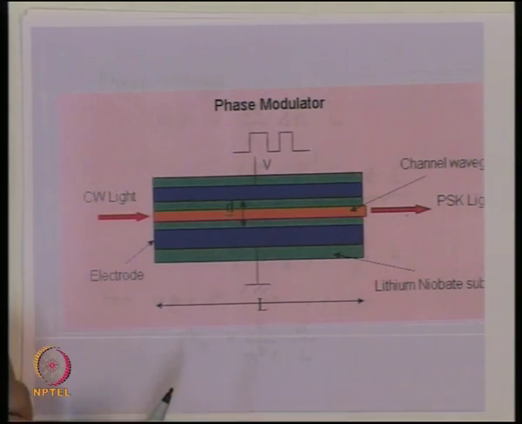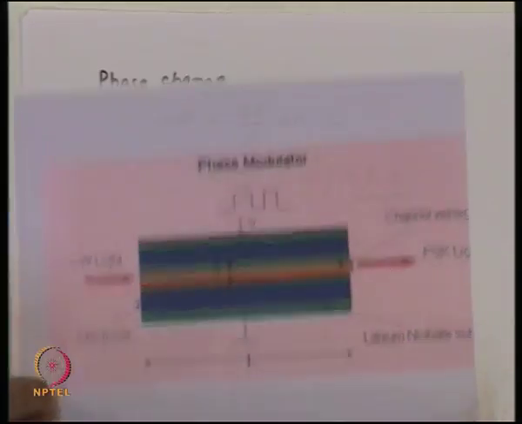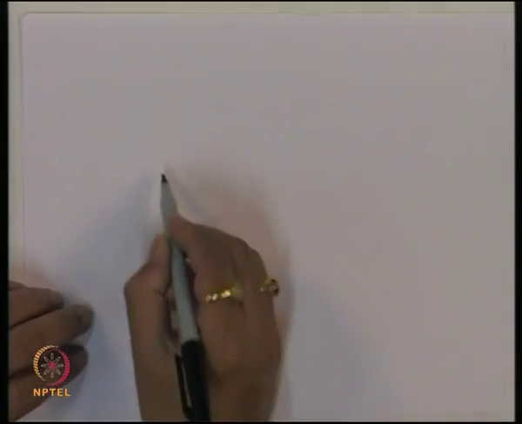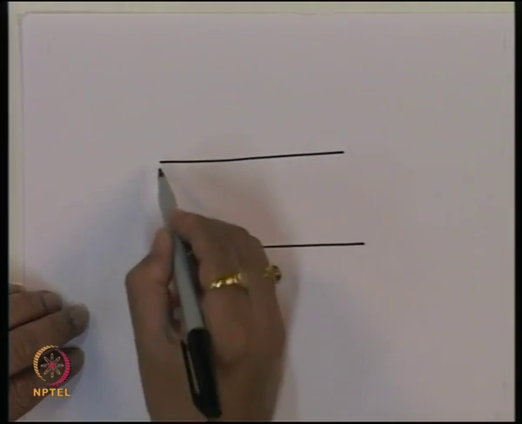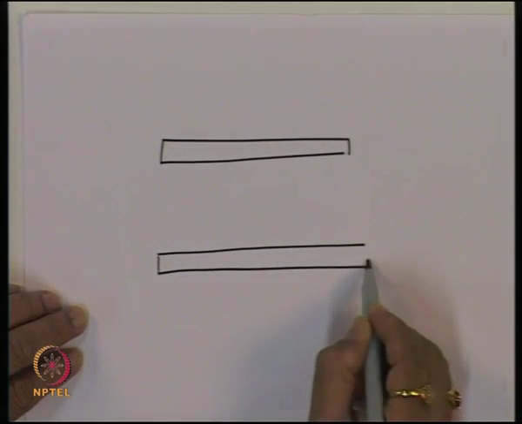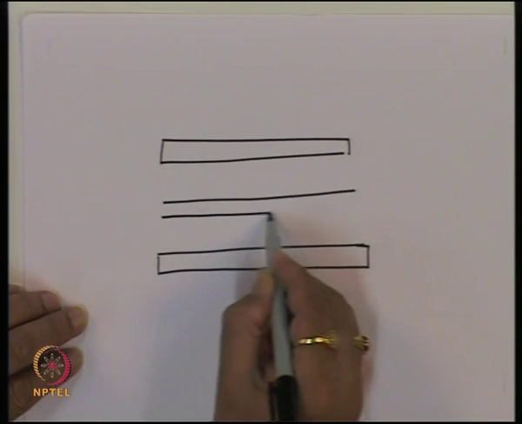The improvement of this could be that one can treat this structure like a traveling wave structure. So one can have a situation where these are the electrodes, and these electrodes can be treated like a transmission line, and then you have a channel waveguide in which the light is traveling.